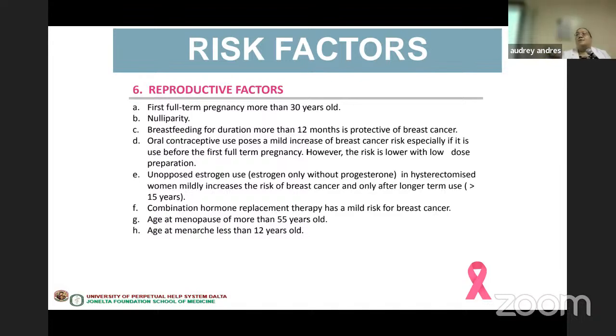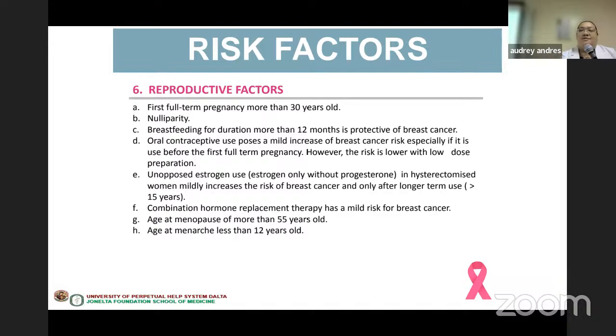What's common among these factors? This is highly related to estrogen exposure, or unopposed estrogen. 30 years old got pregnant, meaning up to 30 years old, your estrogen was not interrupted by a pregnancy cycle. Nulliparity, you were never pregnant, estrogen never interrupted.